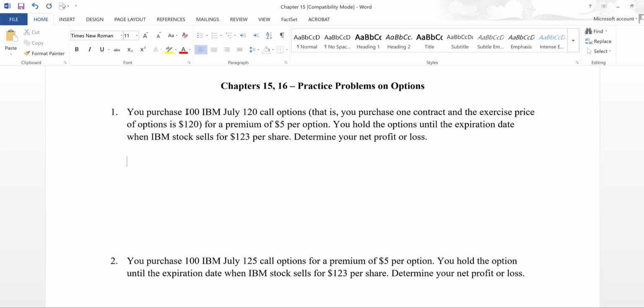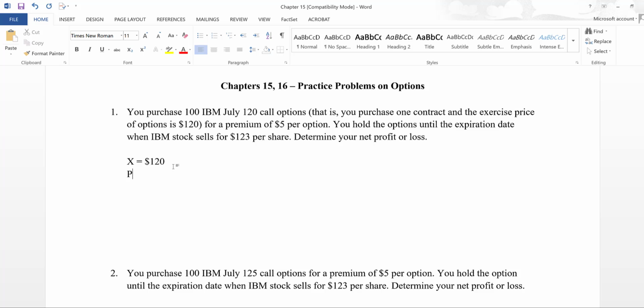You purchase 100 IBM July 120 call options. So what that means is you're buying 100 options, which is one contract. They are on IBM stock. Expiration is July, and when it says July 120 call options, that 120 is basically the exercise price. So the exercise price of this option is 120.